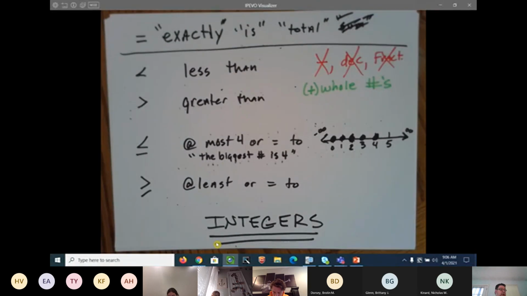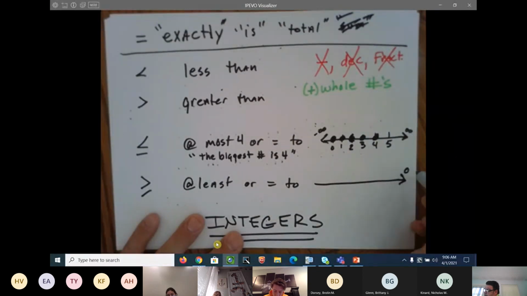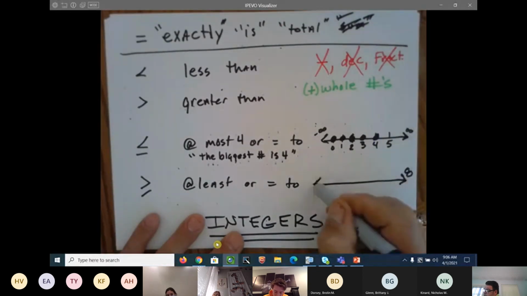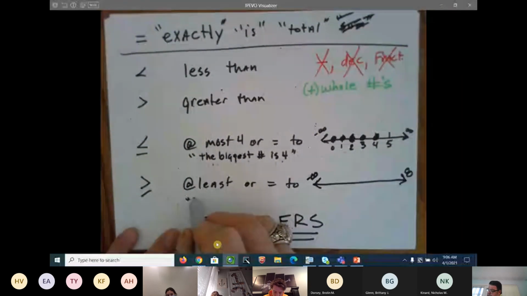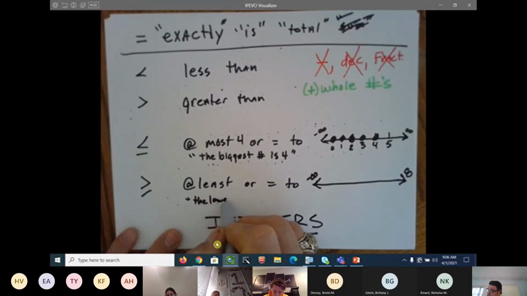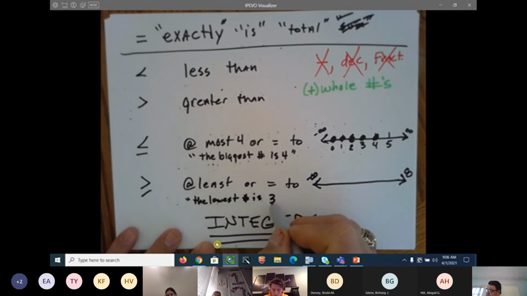And at most means that your largest number is 4. So if at most means the largest number is 4, then what does at least mean? The lowest number is, we'll use 3.